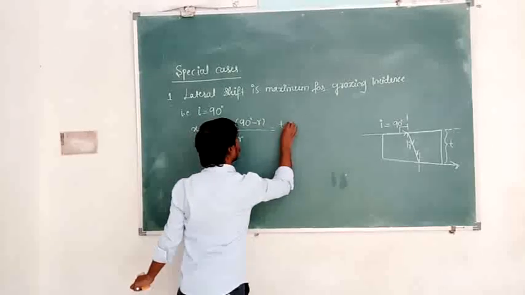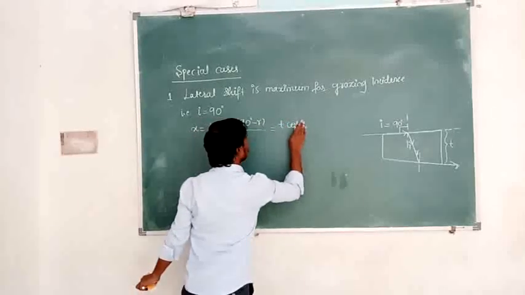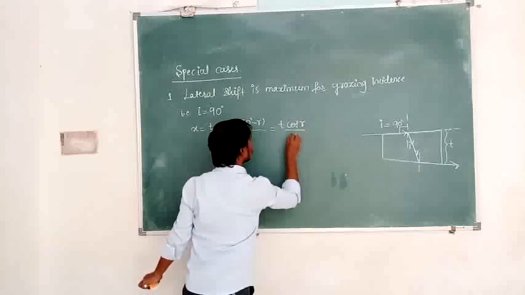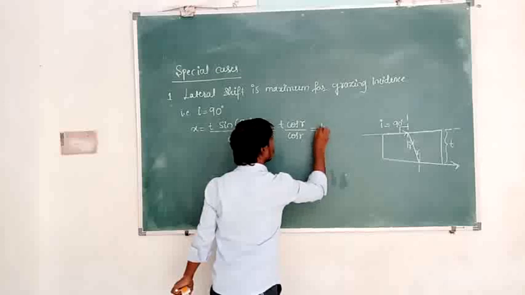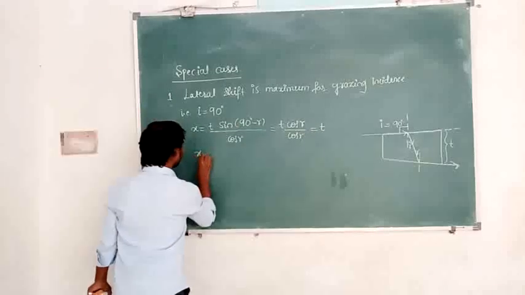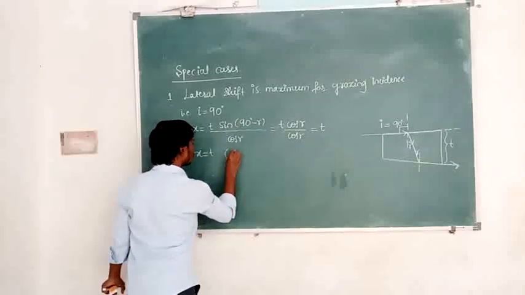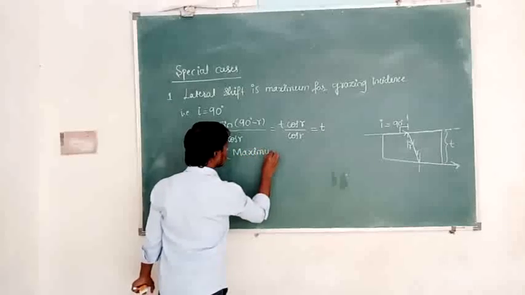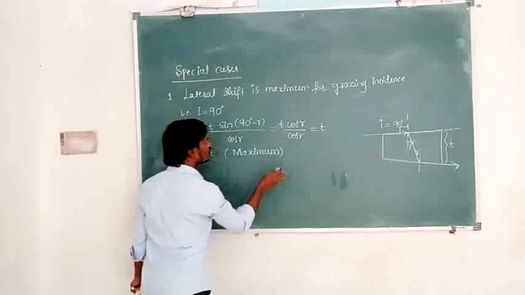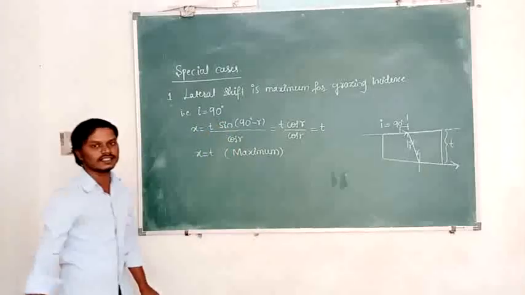So t cos r divided by cos r, the cos r cancels, and that is equal to t. That means the lateral shift becomes maximum. So for an angle of incidence of 90 degrees, the lateral shift becomes maximum.